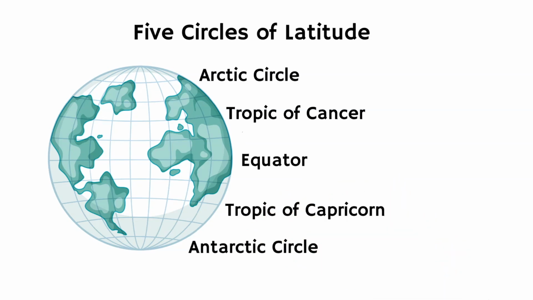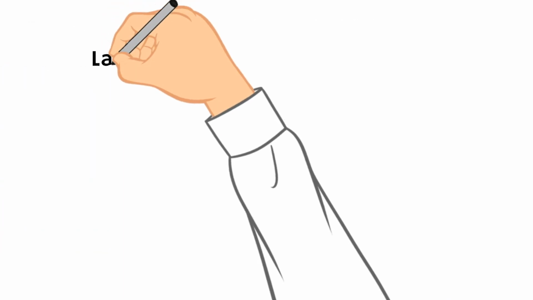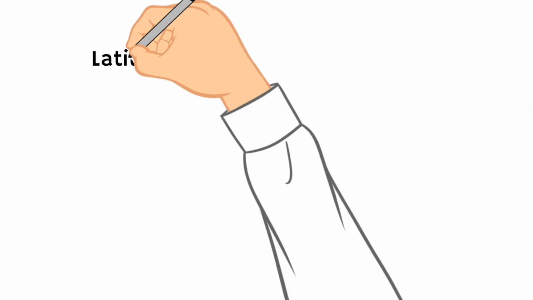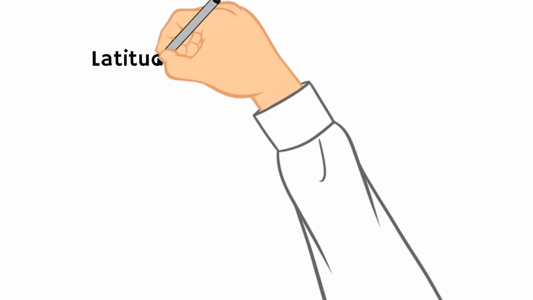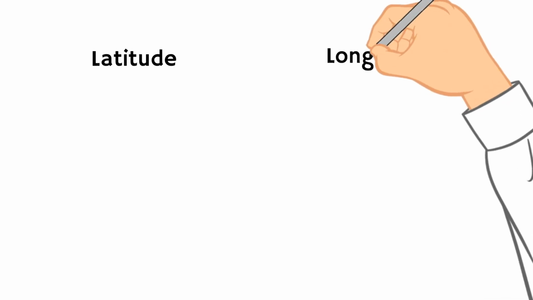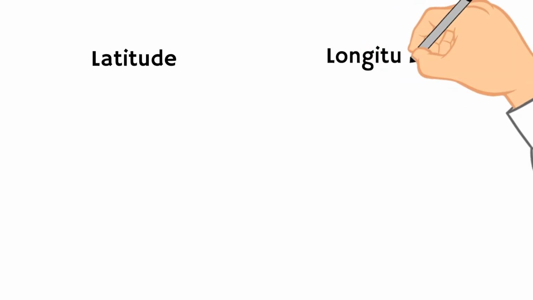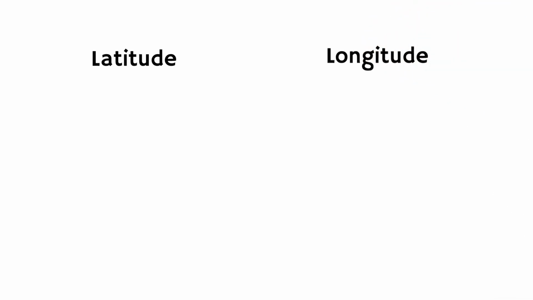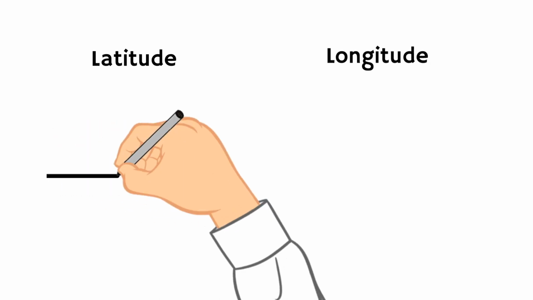Before we talk about these 5 circles, we need to talk about what latitude and longitude are. Latitude and longitude are a system of lines that are used to describe the location of any place on Earth.